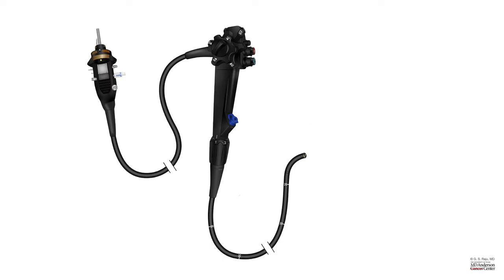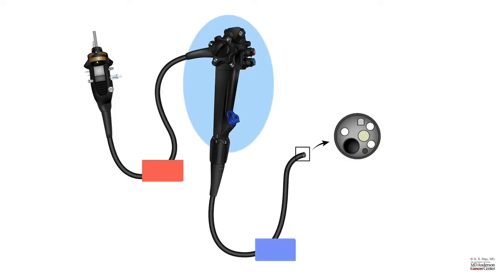So here is a typical endoscope. Here I have taken the example of a colonoscope with the variable stiffness function. Let us look at different parts of an endoscope. Control section, that's where you control the endoscope function.